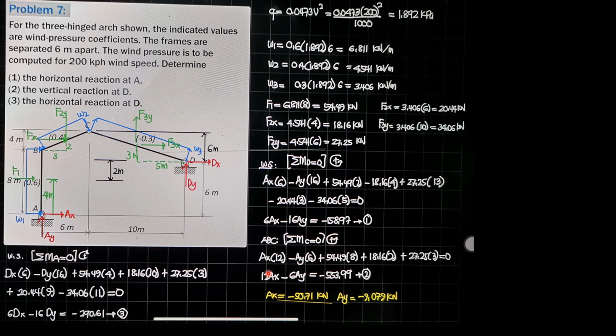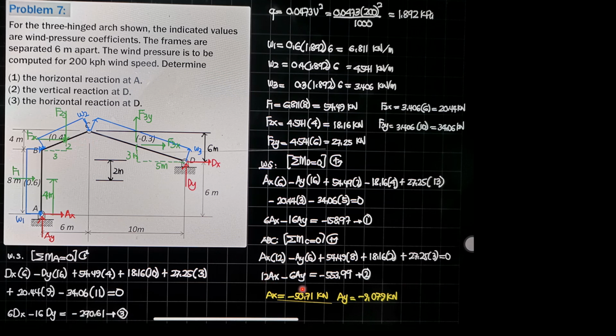So the equation is AX times moment arm 12 minus AY times 6 plus F1 54.49 times 8, where 8 is 12 meters minus 4. Then plus F2X, which is 18.16 times 2 meters. Then plus F2Y 27.25 times 3 meters equals 0.